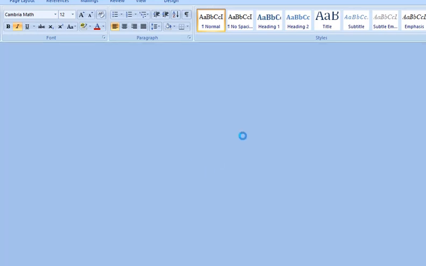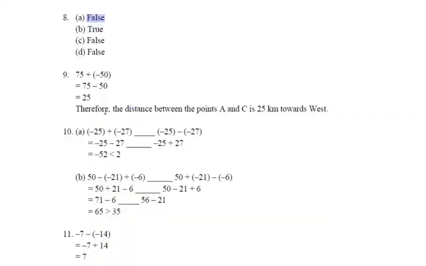Okay, now let's go to question number 9. Rahul goes 75 kilometers west from point A. So he is traveling 75 kilometers west, and again he moves towards east, so he is traveling in the opposite direction.